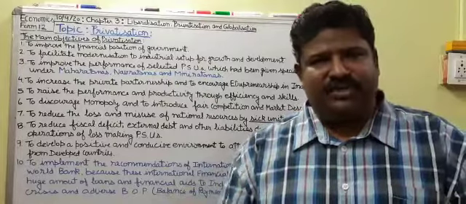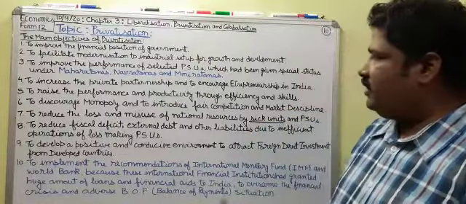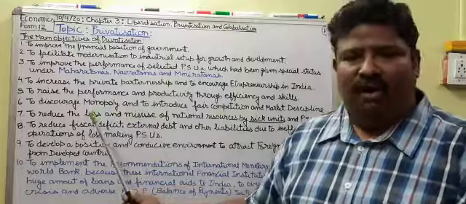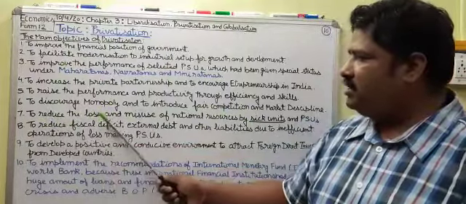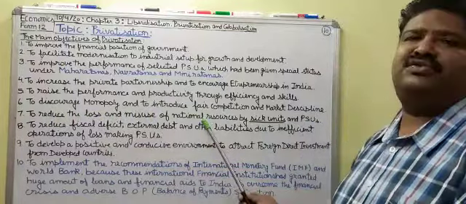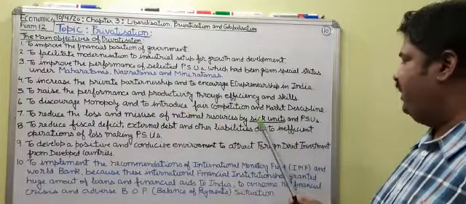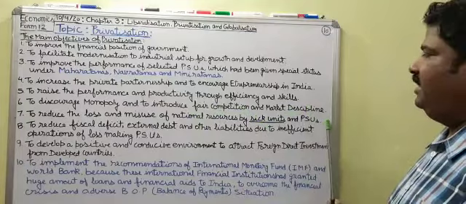They are known as sick units. So these sick units were incurring a lot of loss. So the seventh objective is to reduce the loss and misuse of national resources by sick units and public sector undertakings.